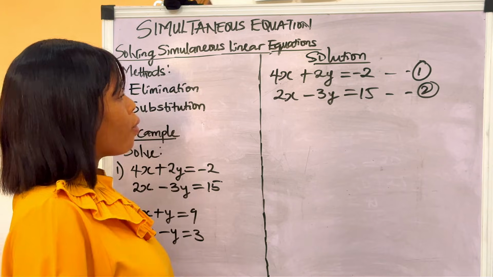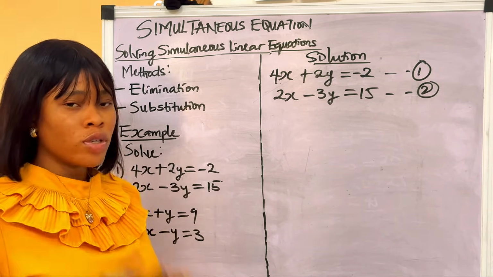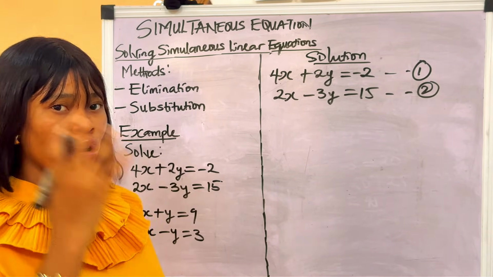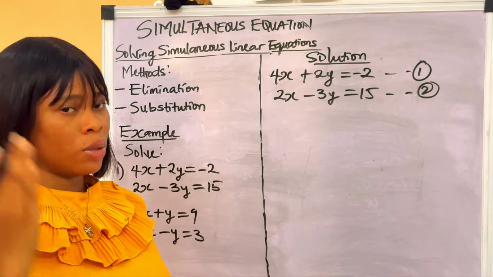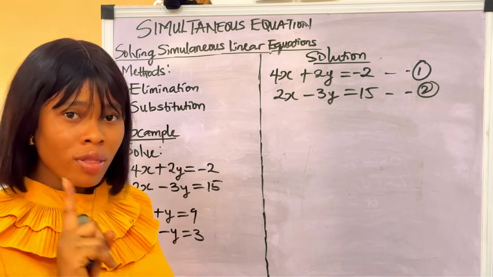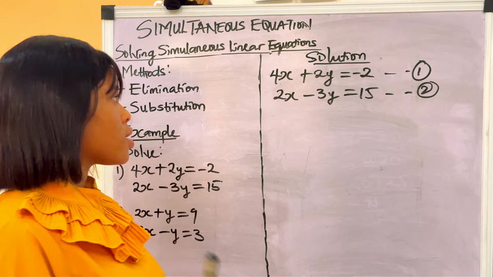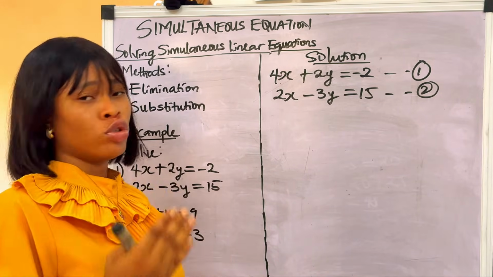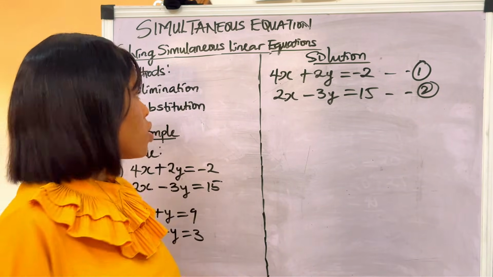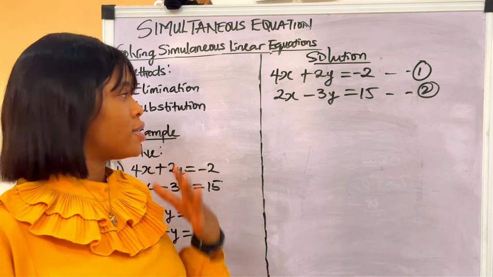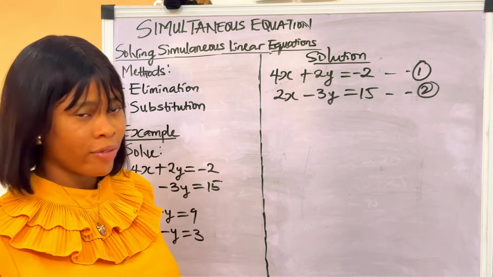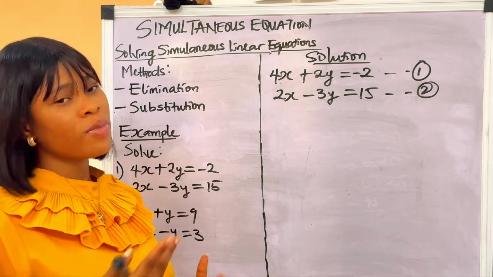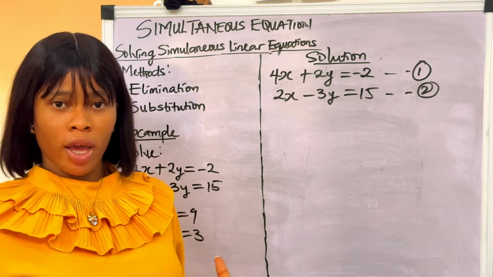Now, the things we need to know first when you decide to use the elimination method. Number one thing to consider is, what variable do you want to eliminate first? Do you want to eliminate x or y first? So for me, I choose to eliminate x first.